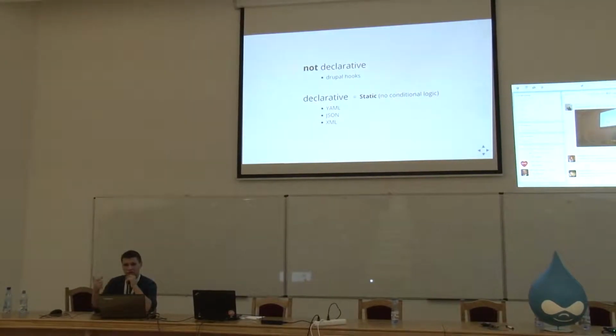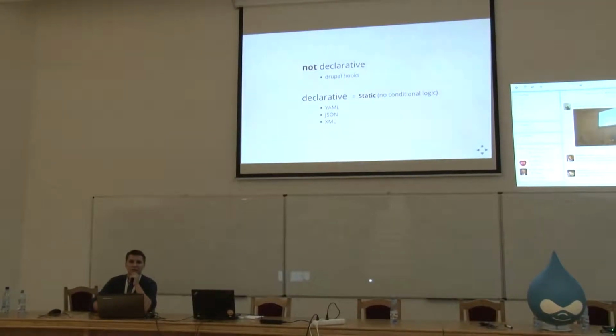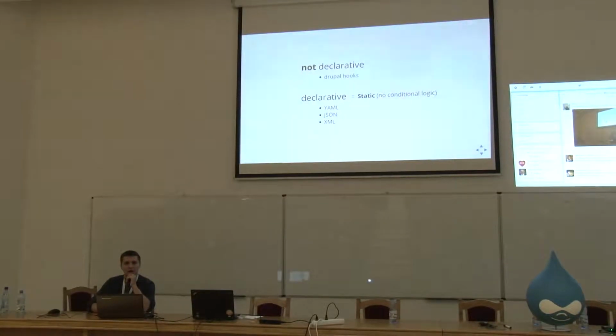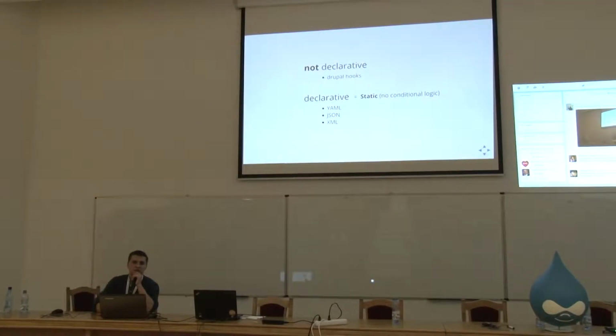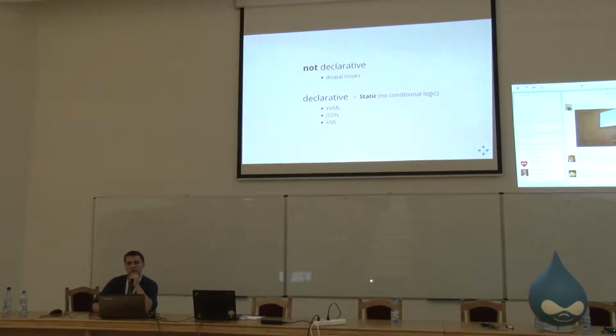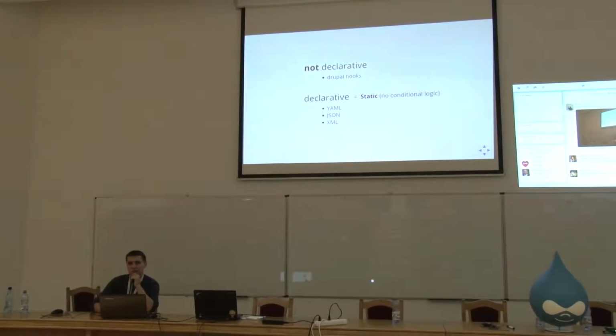The view gives you PHP code to define the view, but you wrap it with a condition. And if you have a condition, there can be situations when this configuration will not be exported, for example if you put a dependency on another module. That's why sometimes Drupal hooks are not really declarative.